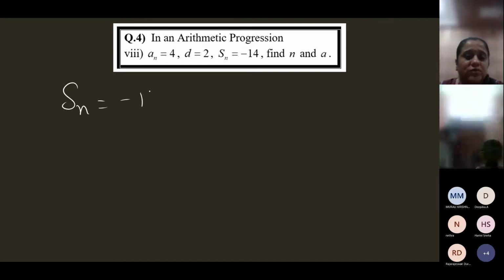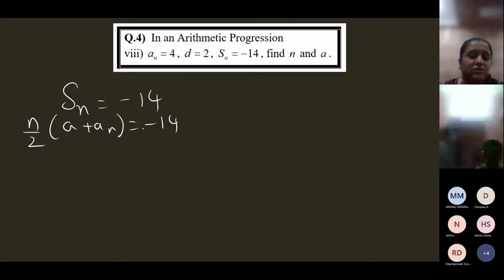Sn is equal to minus 14. So n by 2 of the first term plus the last term is equal to minus 14. You know an, this is 4. A we don't know, n also we don't know. So working this, you cannot find the value of anything.